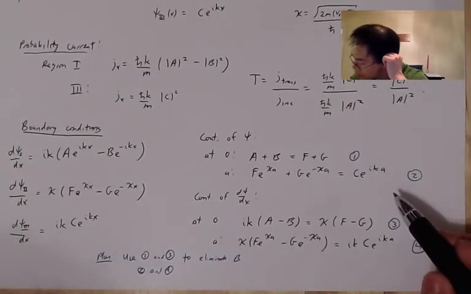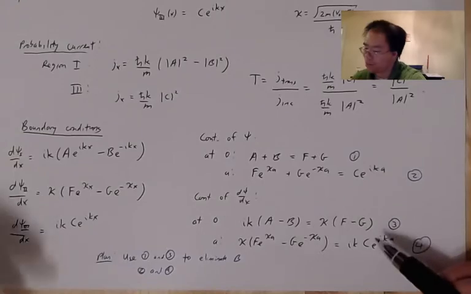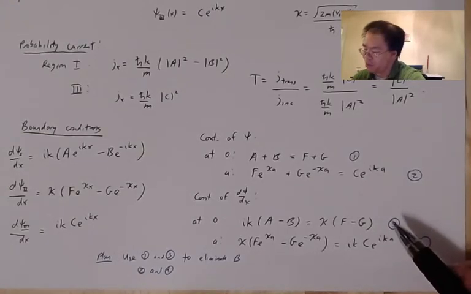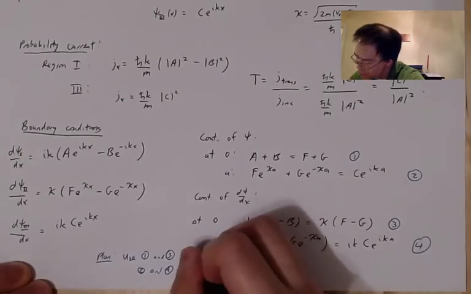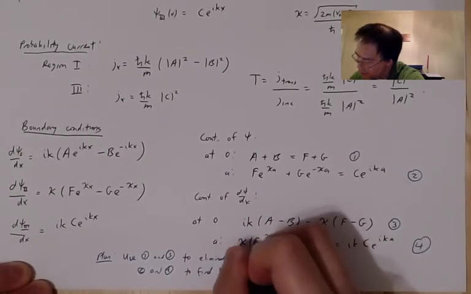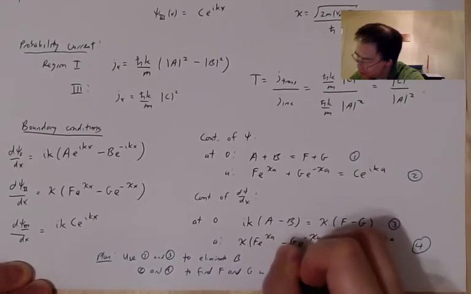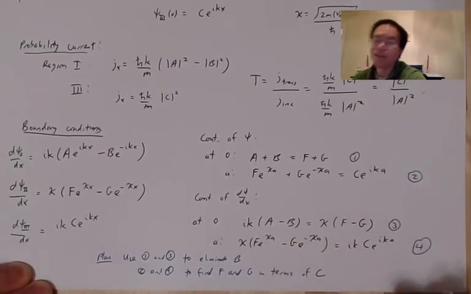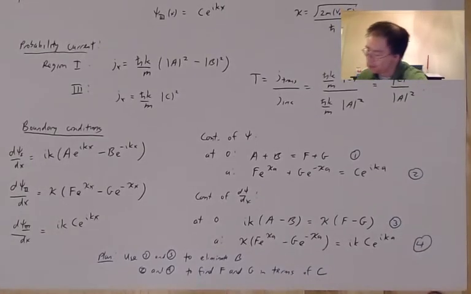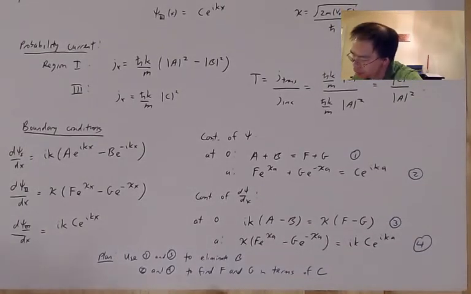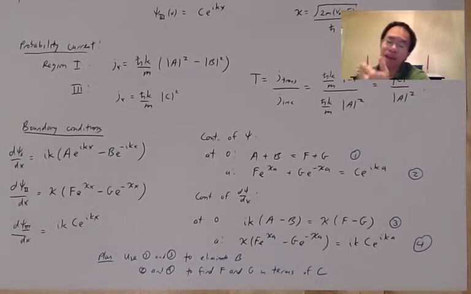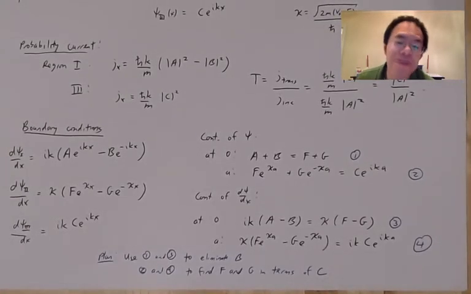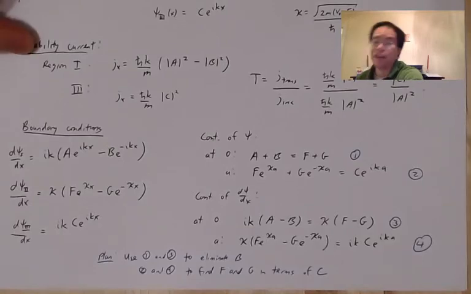We could try to eliminate g here and solve for f in terms of c to find f and g in terms of c. I'll show you what I mean by that in a second. And then we'll just have something that depends on a, f, and g. We can plug f and g in. That will give us a in terms of c. Here having a game plan does matter, I think, because there are so many steps.